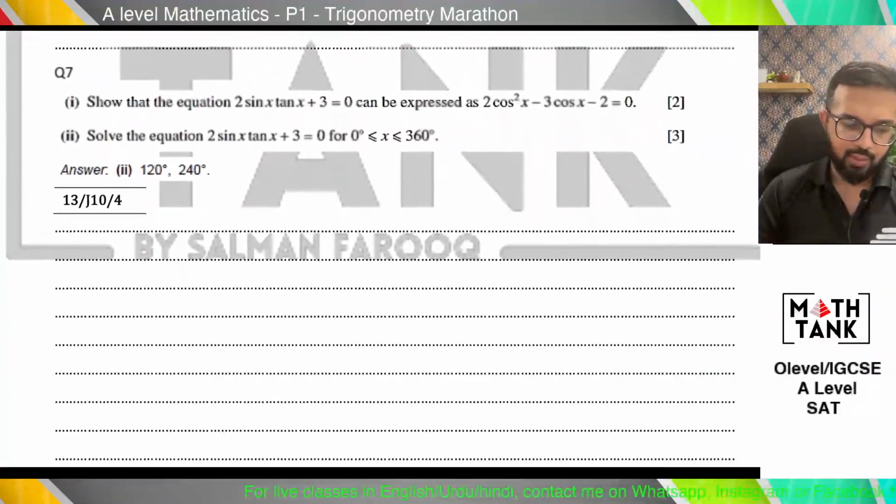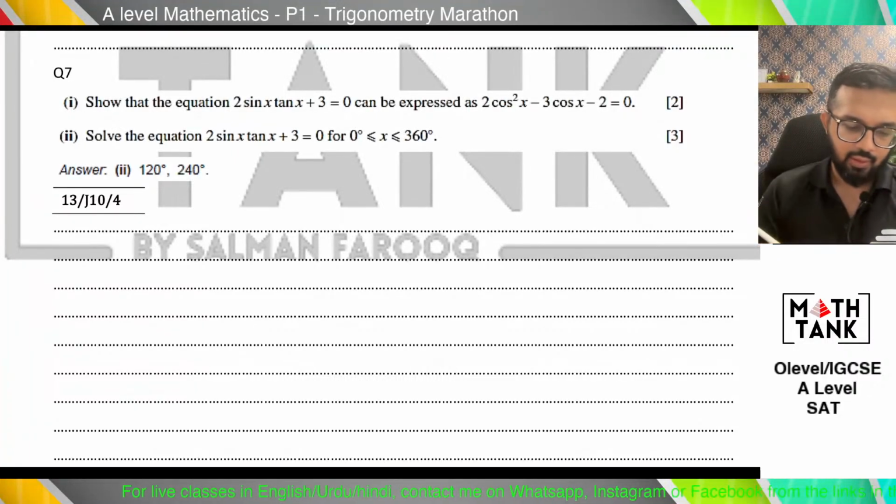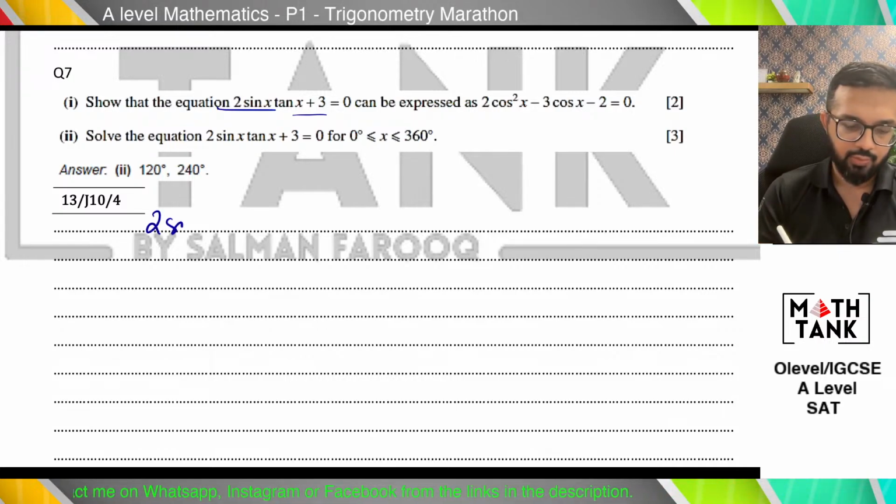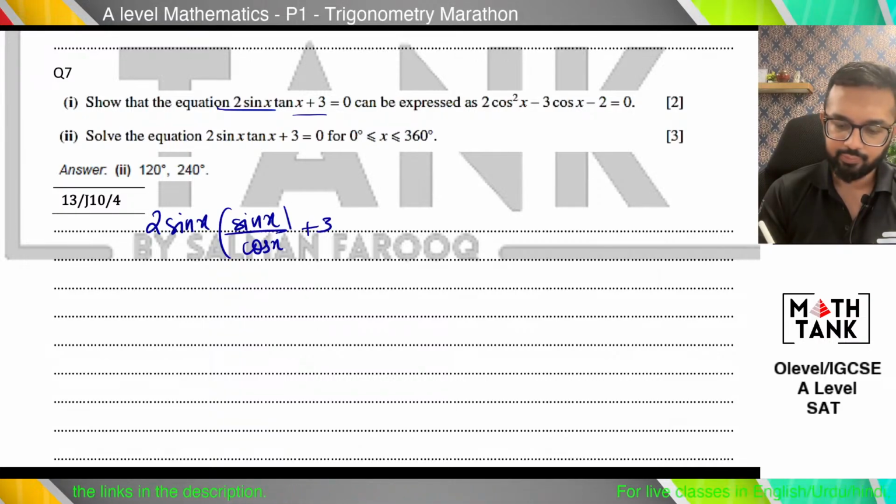Okay, going through question number 7. It says, show that the equation 2 sine x plus tan x plus 3 can be expressed in the form... So 2 sine x over cos x, so 2 sine squared x over cos x equals 3 minus 3 on the other side.